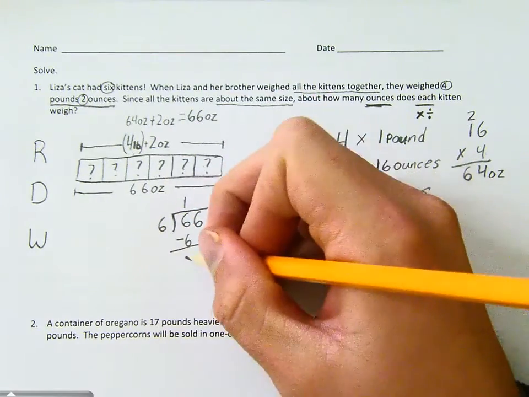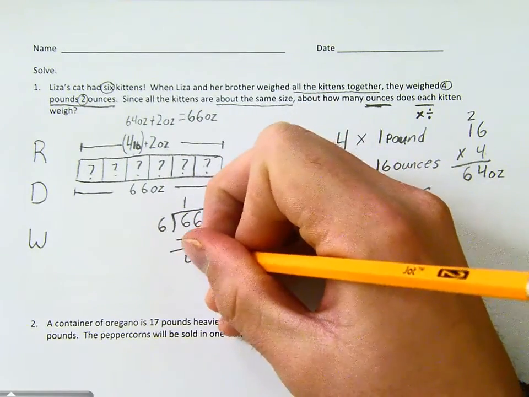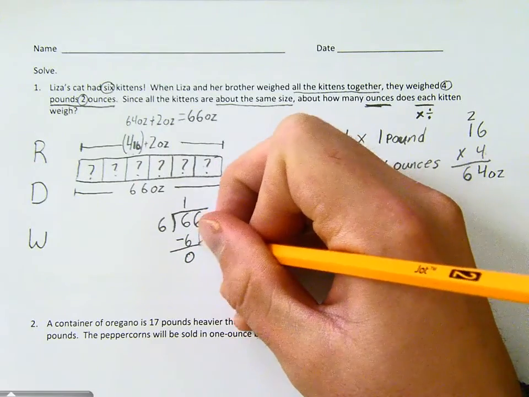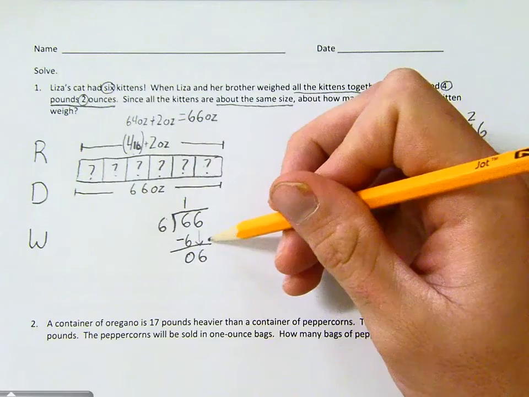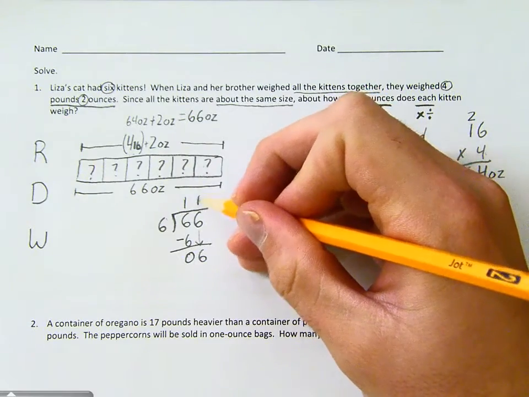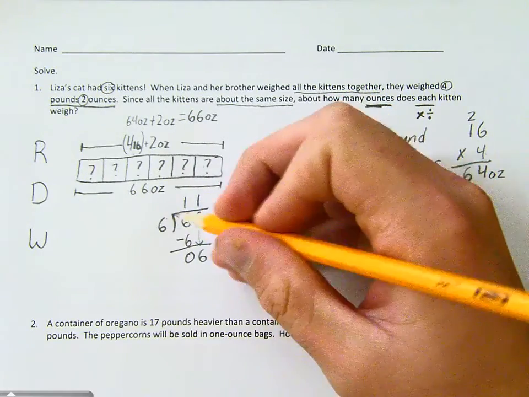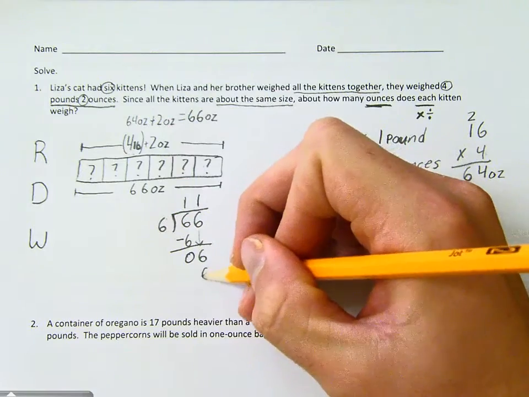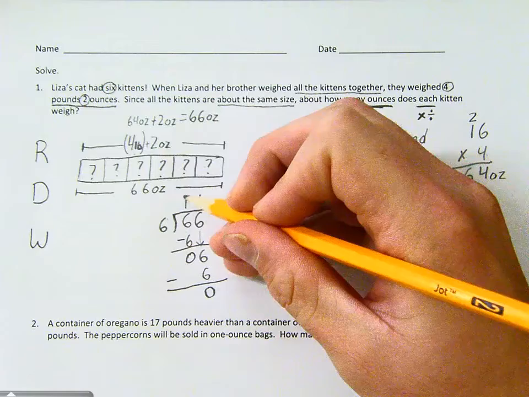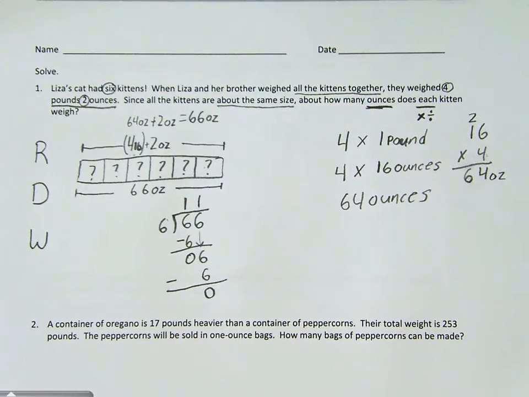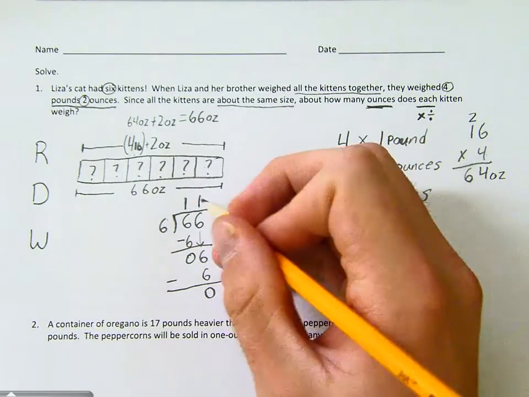We subtract 0. Bring down our 6. 6 goes into 6 one time. And then 6 times 1 is 6. Subtract 6. We get 0. So we have 11 ounces each.